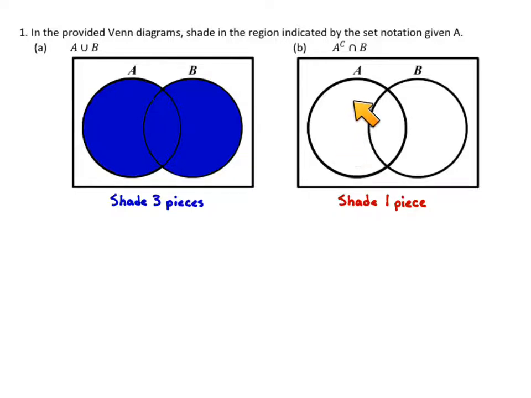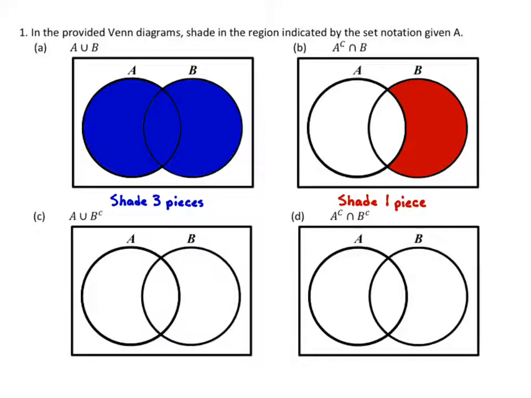Well, we know we're not going to shade in anything in A because we don't want A. So we're either going to shade in the leftovers or we're going to shade in this football. Do we want the part that's not B, or do we want the part that is B? We want the part that is B, so we're going to shade in that region. It's just the moon there. And again, one piece.